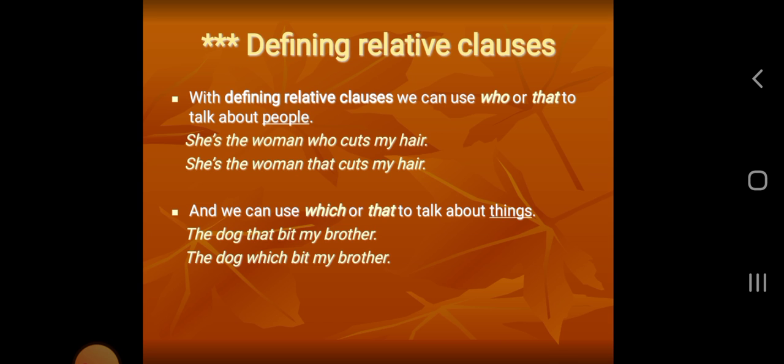With a defining relative clause we can use who or that to talk about people. She's a woman who cuts my hair. She's the woman that cuts my hair. And we can use which or that to talk about things. The dog that bit my brother. The dog which bites my brother. We can use them interchangeably.